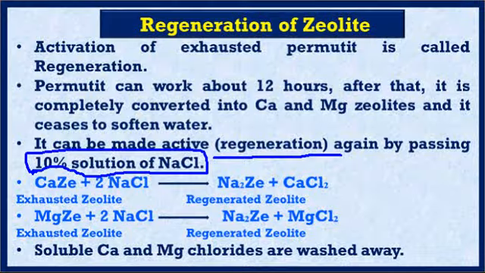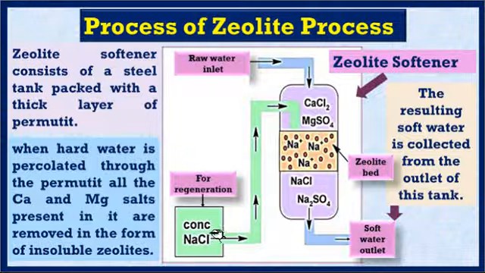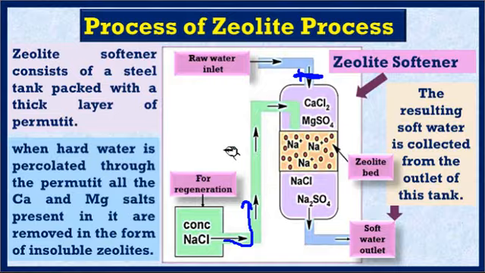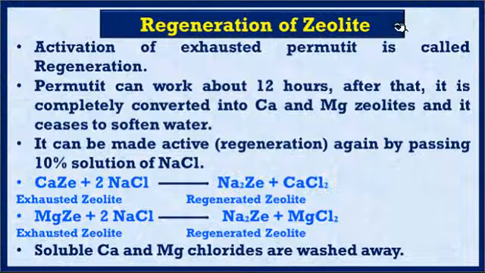When we pass 10% sodium chloride from the regeneration tank, after 12 hours what do we do? We stop the raw water supply from here, and start the supply of concentrated 10% NaCl solution from here. So now the NaCl solution is passed through the exhausted zeolite, and since this NaCl solution is in the concentrated form, the concentration of sodium is much higher than the calcium and magnesium.